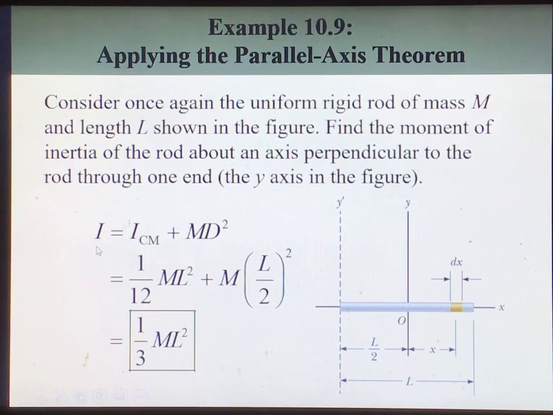So the I value about the new axis is the I value about the center of mass plus M times d squared. d here is the distance between the two axes, which is L over 2. We've already shown that the I value about the center of mass is 1/12 M L squared. So if you substitute d, which is L over 2 squared, and do everything, you get the I value about this new axis is 1/3 times M times L squared. So this is one application of the parallel axis theorem.